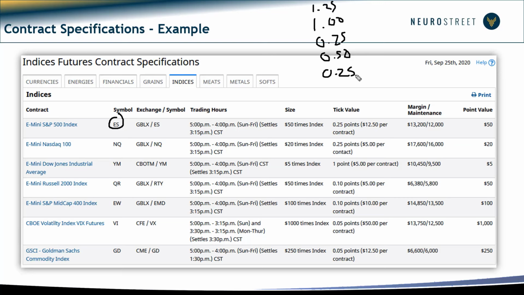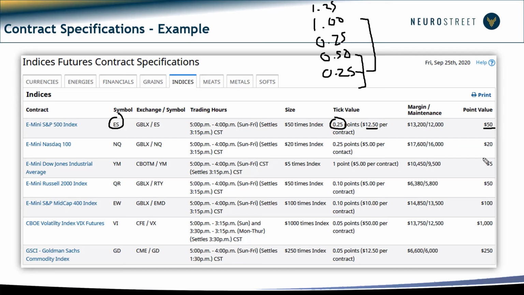It moves up in 0.25 increments, and every time it moves up one tick or down one tick, it's $12.50 per contract. That means every time it moves 4 ticks, it's considered 1 point, because the point value is $12.50 times 4.